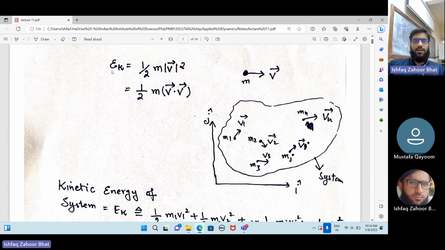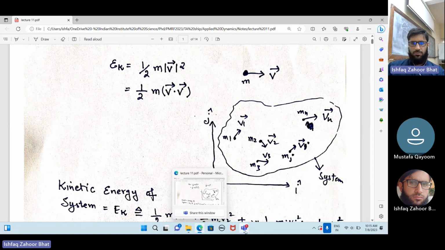Now we know that the kinetic energy associated with a particle is half times the mass of the particle times the magnitude of velocity squared. This is the definition of the kinetic energy associated with the particle. To be more specific, it is the second norm of the velocity vector. Let me try to explain what I am trying to say.